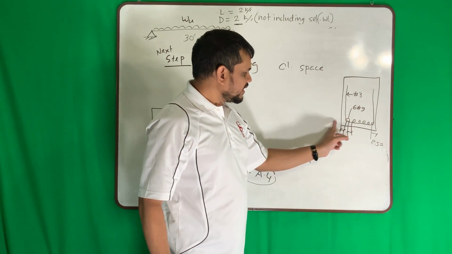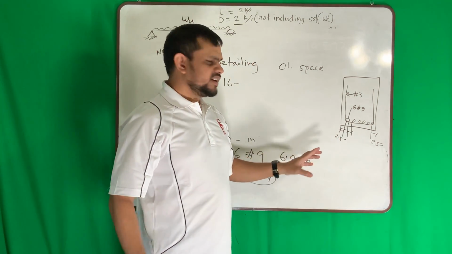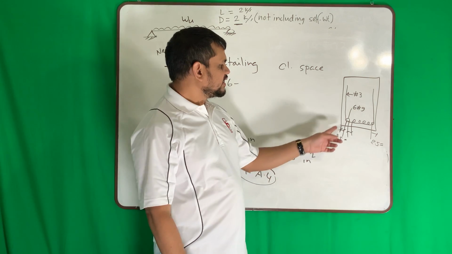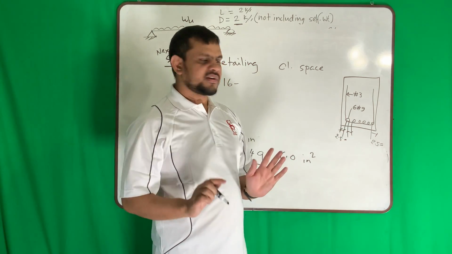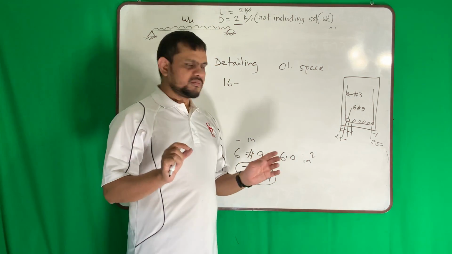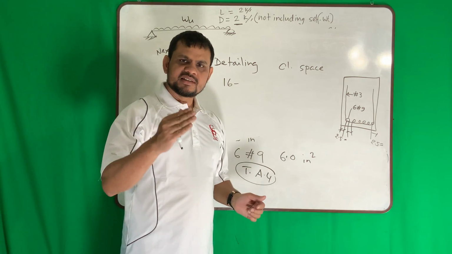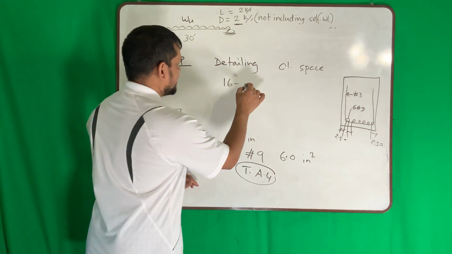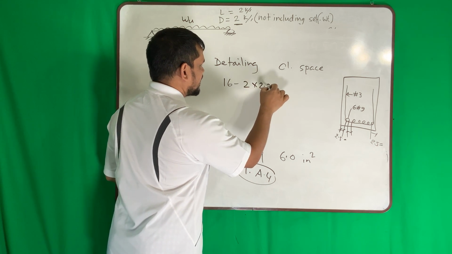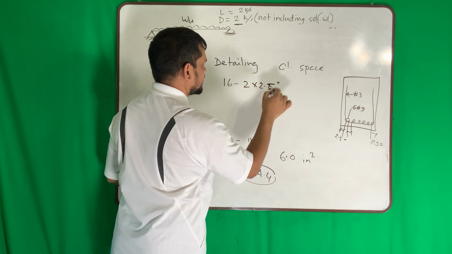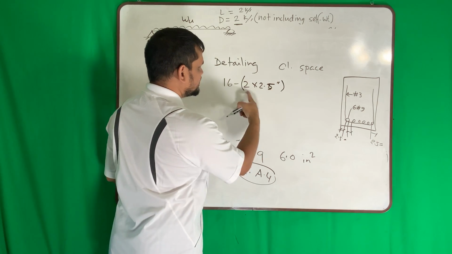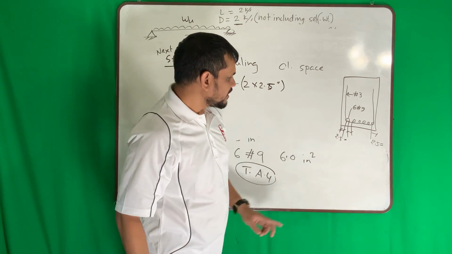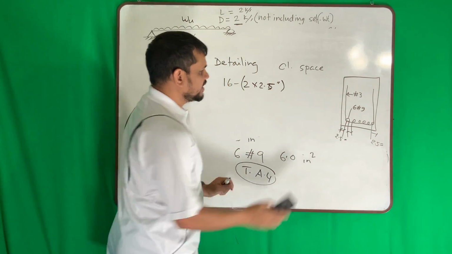Center of the bar to the edge, if you provide 2.5, you will very tightly meet the requirement of clear cover of 1.5 inch. If you cannot, some less than 1.5 is okay. It's not tight. So if I deduct 2.5 from both sides, this is cover, from the center of the bar.